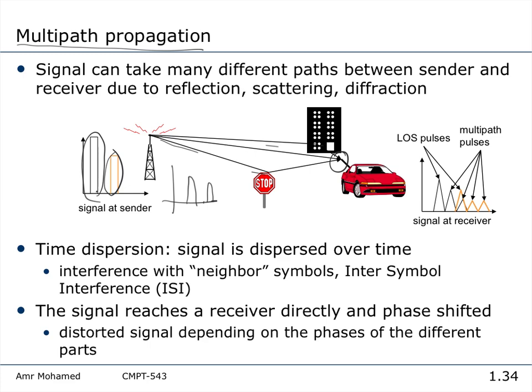So when we transmit a symbol and the symbol suffers from multipath propagation, we have the phenomenon of inter-symbol interference. Although they were not overlapping at the transmitter side, because of the multipath propagation they actually overlapped at the receiver side, right? So the receiver now has to deal with this.